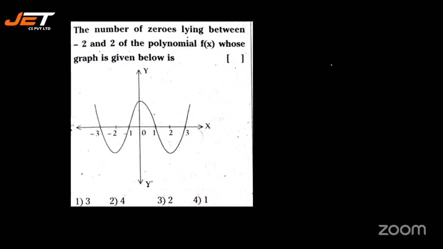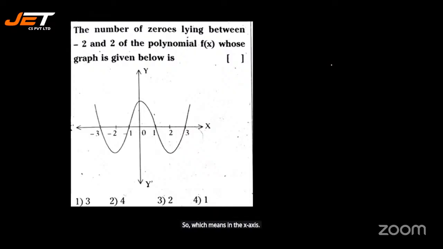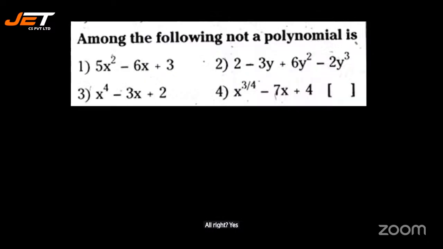Is it 3, 4, 2, or 1? Think quickly and give the answer, students. It has to lie between minus 2 and 2 on the x-axis. Yes, it is 2.